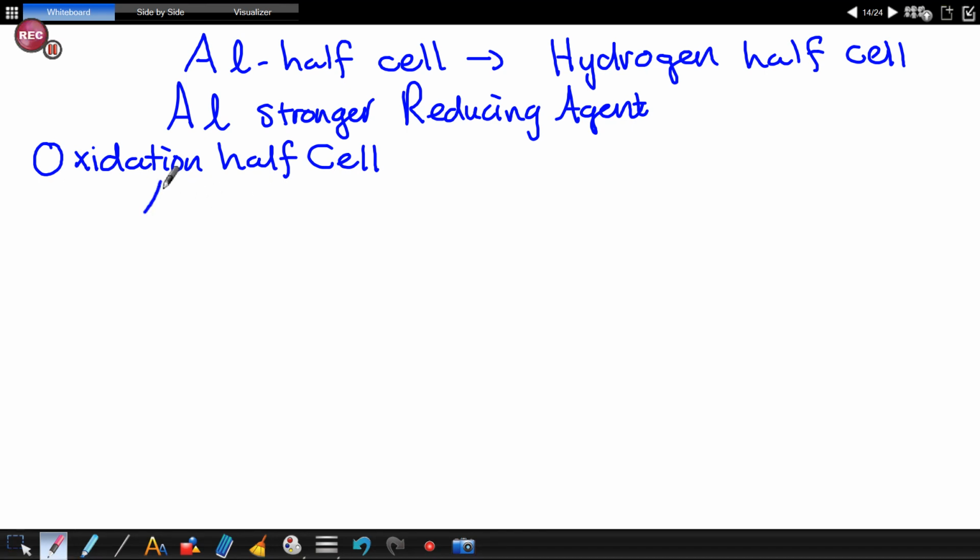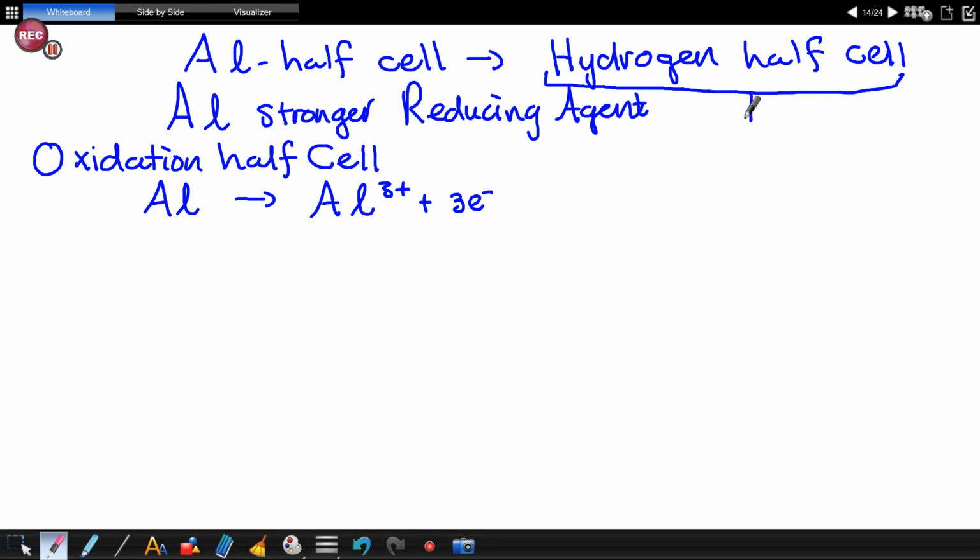Right? So aluminium will go and form aluminium 3 plus ions, and 3 electrons will be taken from it. Okay? And the hydrogen half cell will be my reduction half cell.